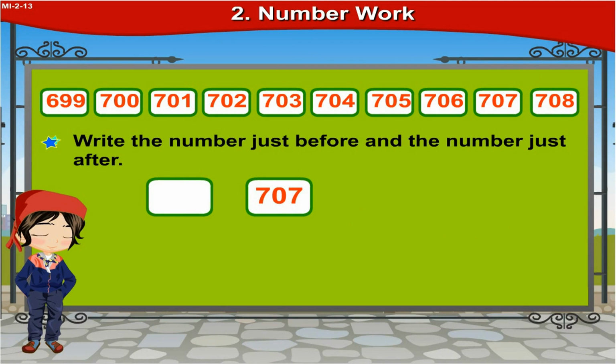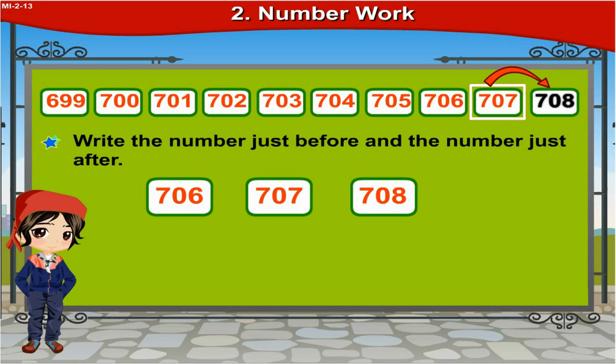Box 707 box. The number before 707 is 706. So we'll write 706 here in the box. And the number after 707 is 708. So we'll write 708 over here.